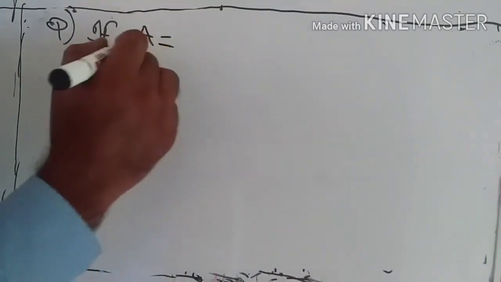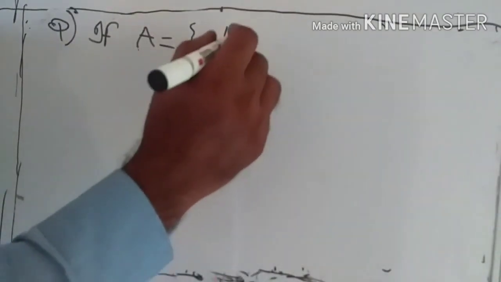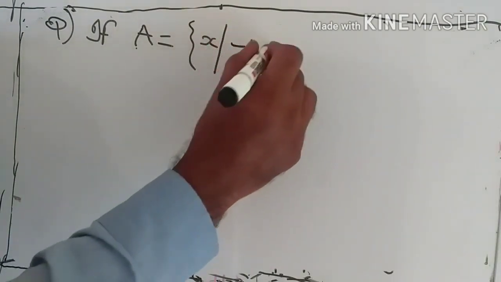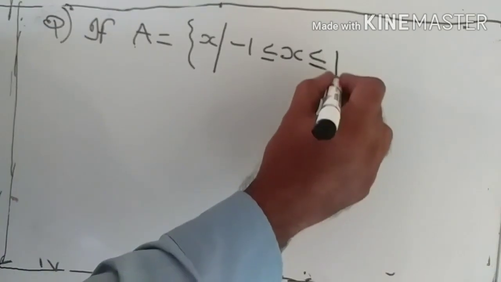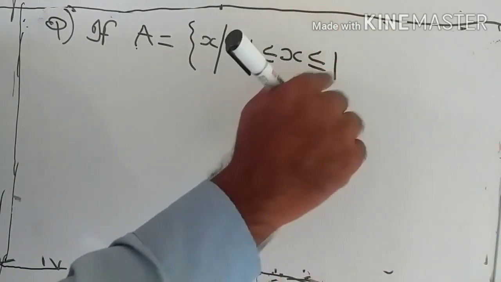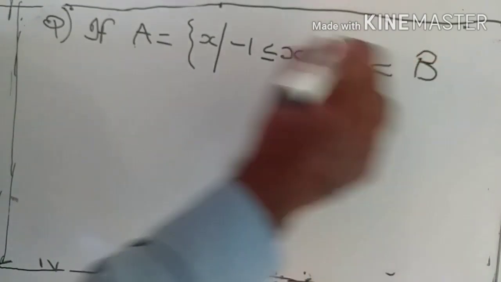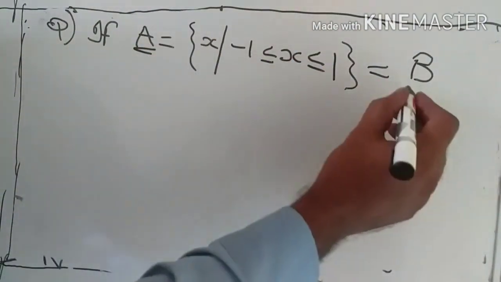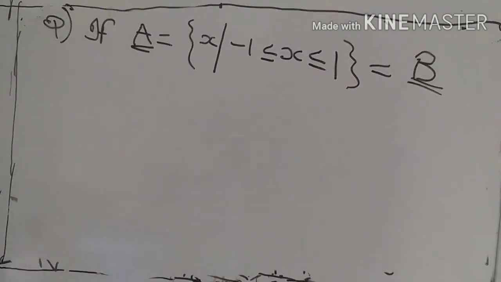Now consider the set A of x such that minus 1 less than or equal to x less than or equal to 1, equal to B. That is, domain is equal to codomain.